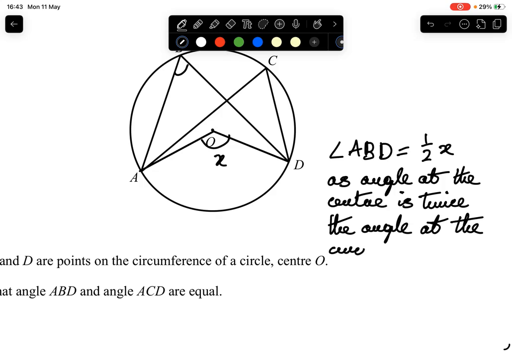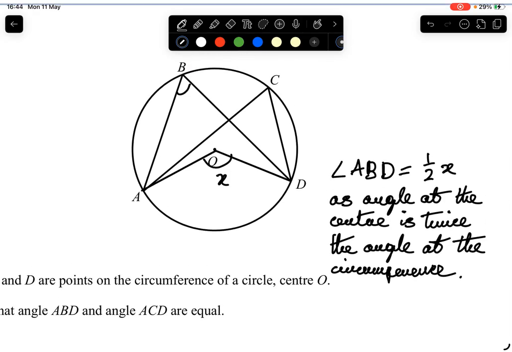So again, using that first theorem that we proved, circumference, there we go. However, I could also say the same thing about this angle here.